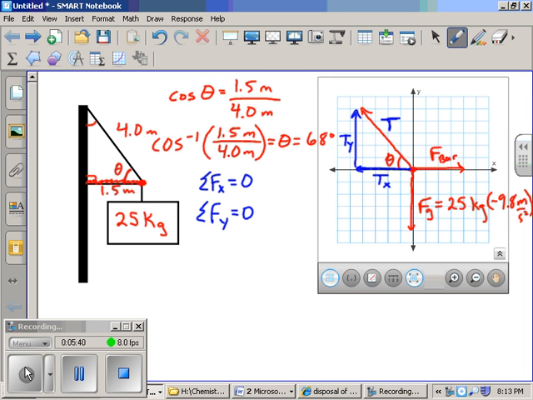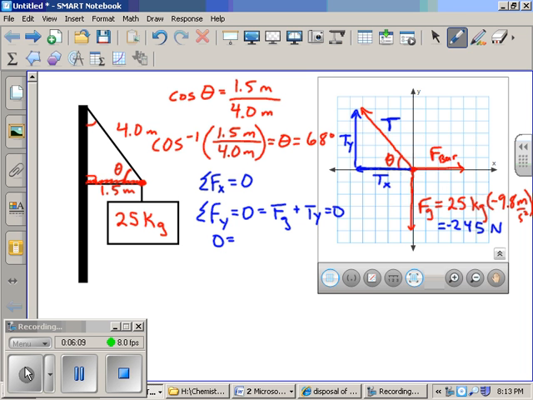Well, we don't know any numbers except for Fg, so let's calculate Fg. Fg is 25 times negative 9.8. And I calculate that to be negative 245 newtons. Now, looking at this, Fg plus Ty must be 0.